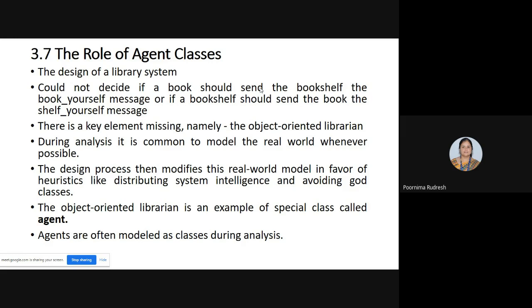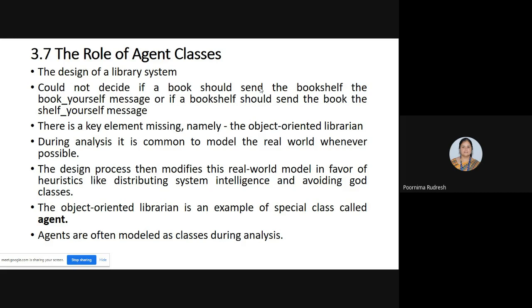When we discuss the library system, we talk only about the bookshelf and the book, or the "book yourself" message and "shelf yourself" message. Here the key element is missing, that is the librarian. In object-oriented terminology, we call it a special class, and that class is called an agent class. So in the analysis phase, we are modeling the agents as classes.